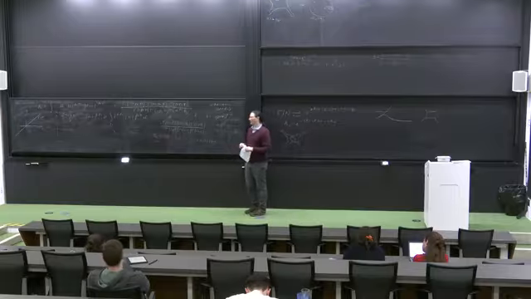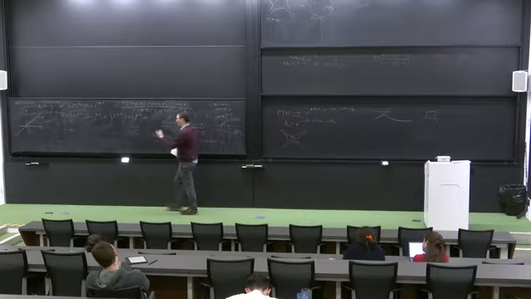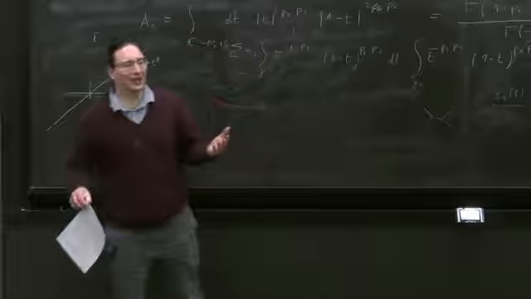So suppose I asked you, okay, you have the scattering matrix in theory. How do I write down a low-energy effective action?